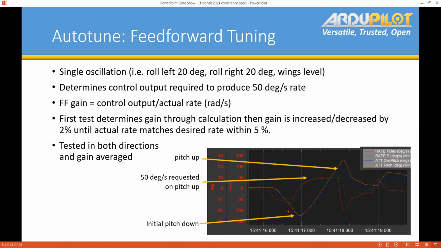Here's a plot of that feed forward tuning. This is showing the roll angle, and this is showing the rates. As you go from left 20 degrees to right 20 degrees, it comes up to 50 degrees per second, and you're looking to see how well these match. So that's how that's done.